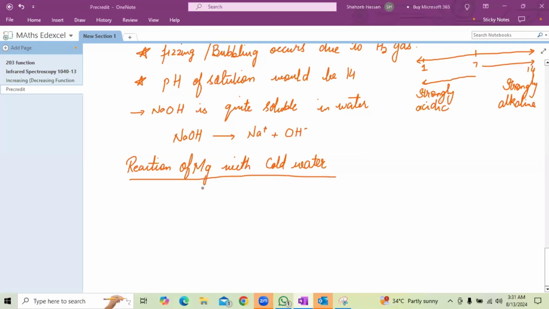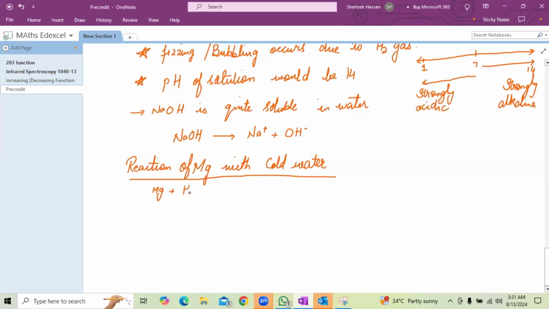If we want to discuss the reaction of magnesium with cold water, remember, sodium reacts very fast with cold water, but the opposite is the case with magnesium, as magnesium is less reactive than sodium because magnesium belongs to group 2. Group 2 elements are basically less reactive than group 1 metals.